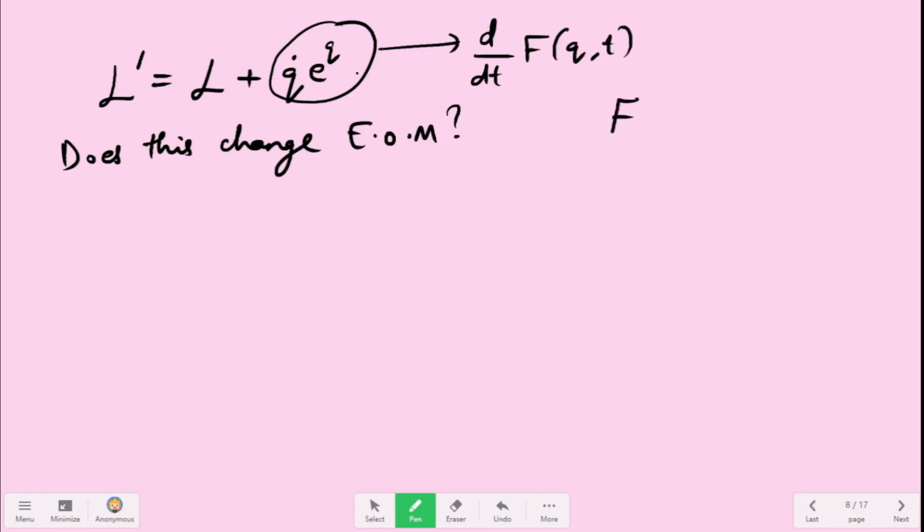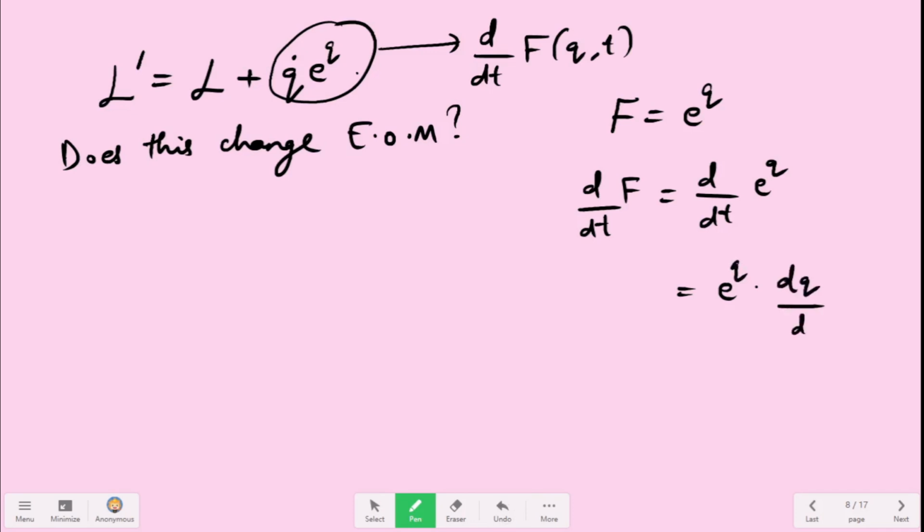Clearly, if we choose f is equal to e raised to q, then d by dt of f is equal to d by dt of e raised to q, which is equal to e raised to q times dq upon dt, which is equal to e raised to q times q dot.